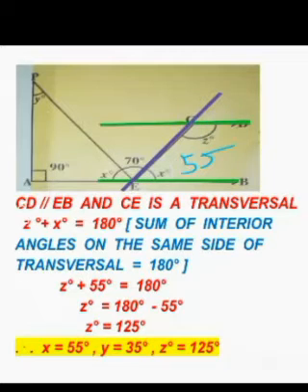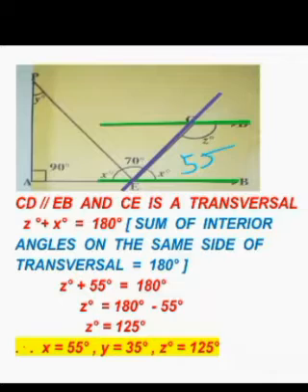Why? The sum of interior angles on the same side of the transversal is 180 degrees, isn't it? So z degrees plus x degrees is equal to 180 degrees. z plus x, how much did you get? 55 degrees. So z plus 55 degrees is equal to 180 degrees.